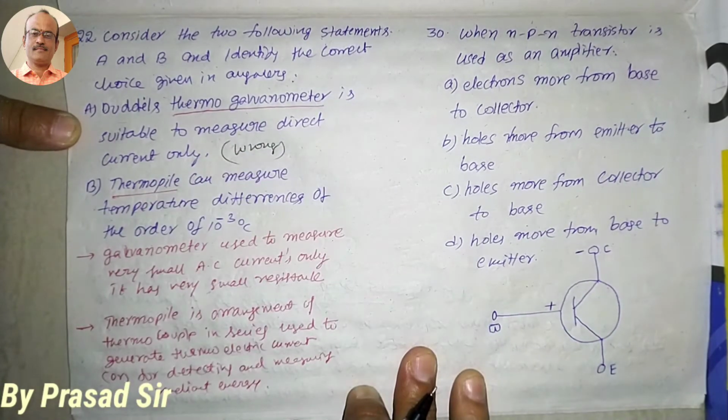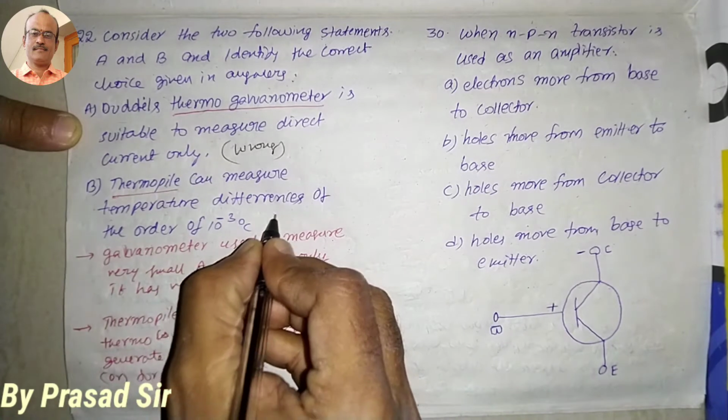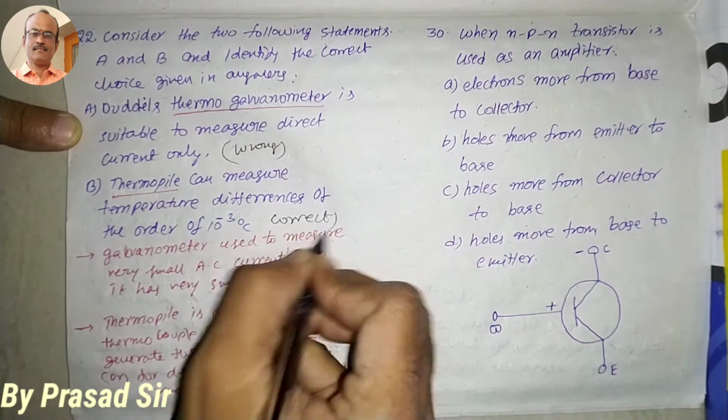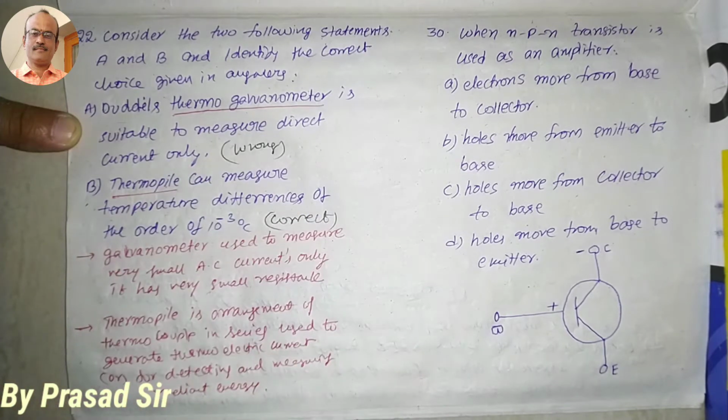And a thermopile can measure temperature differences in the order of 10 to the power of minus 3 degrees centigrade. A thermopile is an arrangement of thermocouples in series used to generate thermoelectric current or for detecting and measuring radiant energy. So option B is correct, but A is wrong. So that is question number 22.